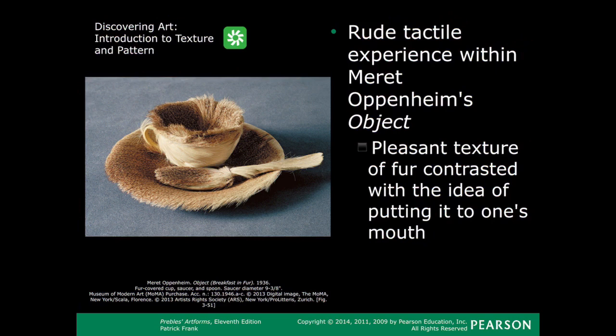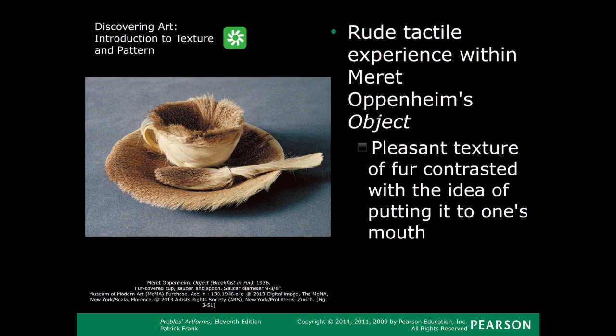And here we have a work by Meret Oppenheim, Object, Breakfast in Fur. It is this example of a rude tactile experience. When we look at the object, we in a way sympathize with what we are looking at. We are almost imagining ourselves using these utensils. Imagine drinking out of a cup that has this texture.